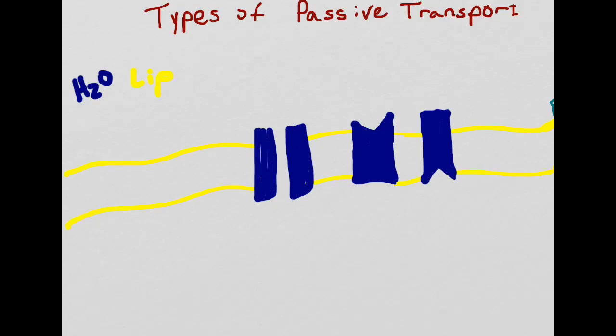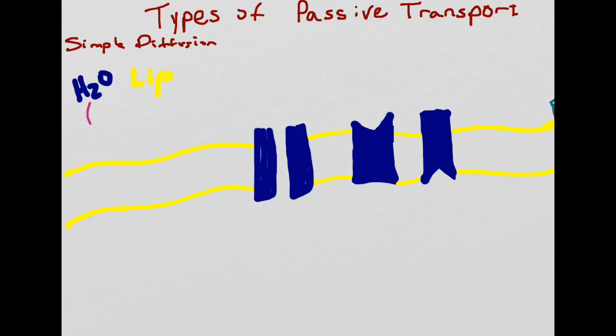Okay, for types of passive transport, the first type of passive transport is simple diffusion. So with simple diffusion, small substances like water, carbon dioxide, oxygen move down their concentration gradient and go across the plasma membrane easily.